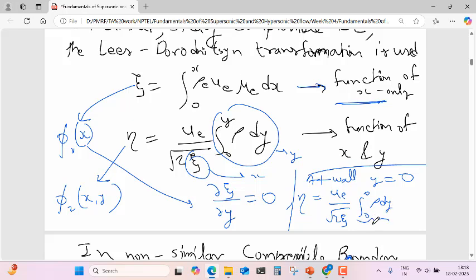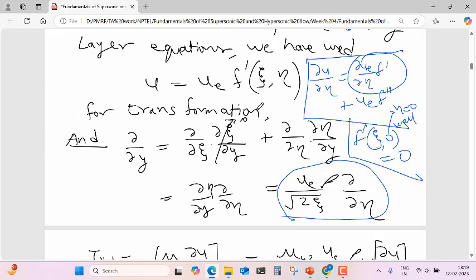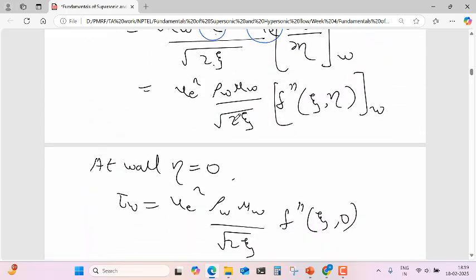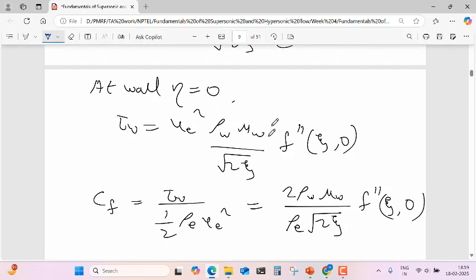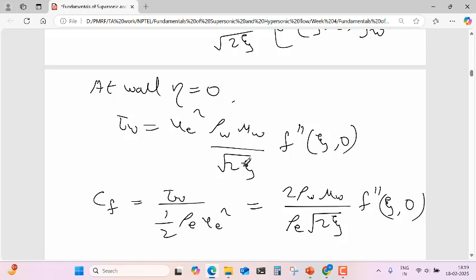This term will be 0, so eta will be 0 at y equal to 0. So at wall eta equal to 0, then tau w will be ue square rho w mu w upon under 2 xi, f double dash (xi, 0).